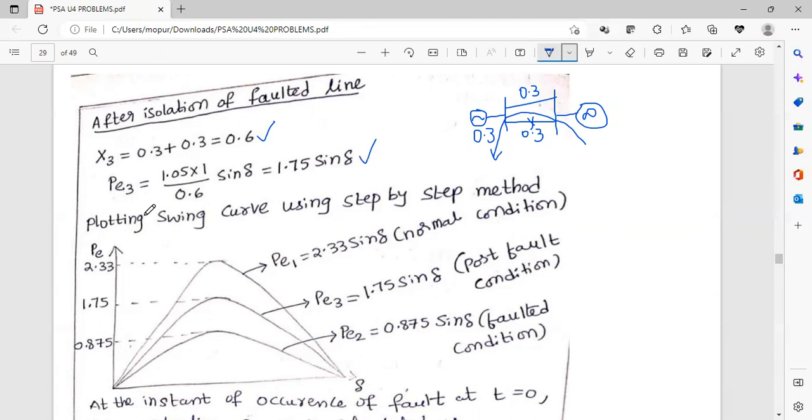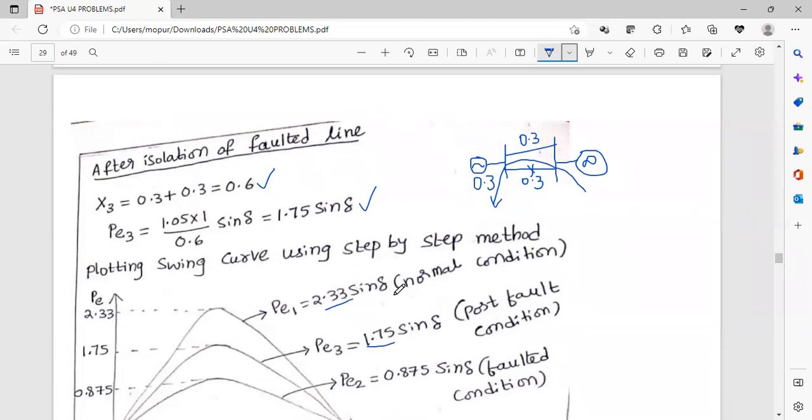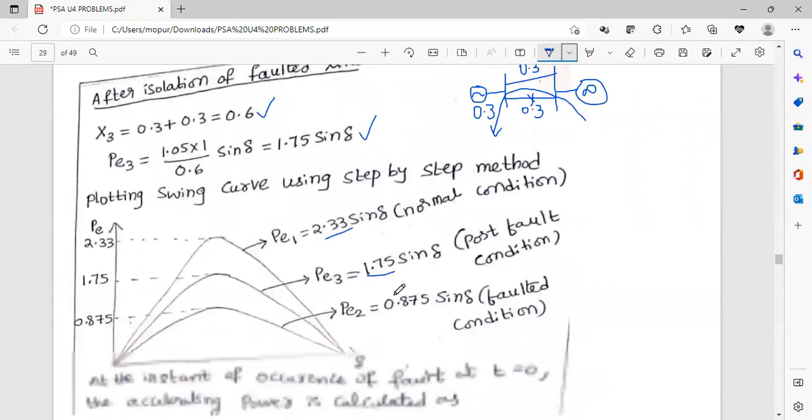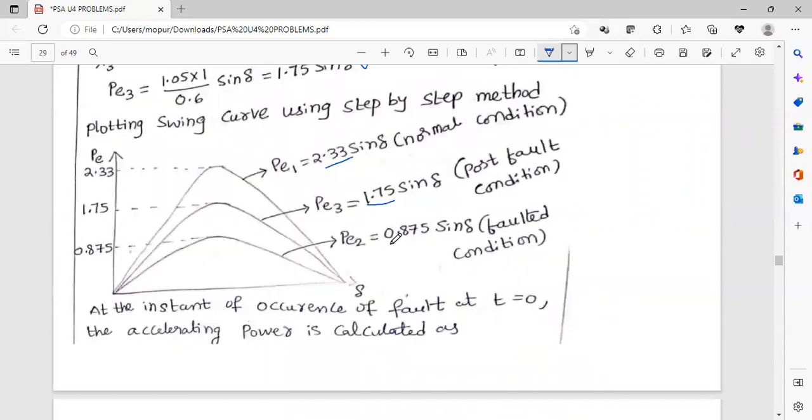Now if you plot this, I already explained how this graph will come. The peak value of normal condition, before fault, will be more than the after fault condition, and the after fault condition will be somewhat more than during fault condition. This is the faulted condition, this is the normal pre-fault condition.